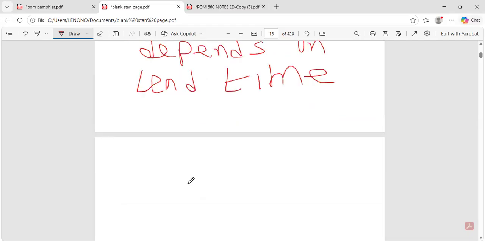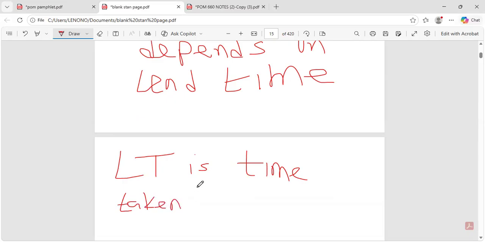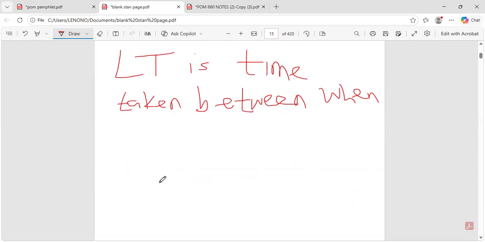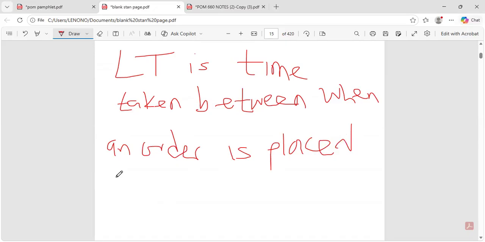Lead time is the time taken between when you place an order and when you receive an order.